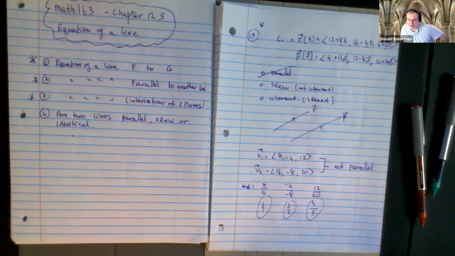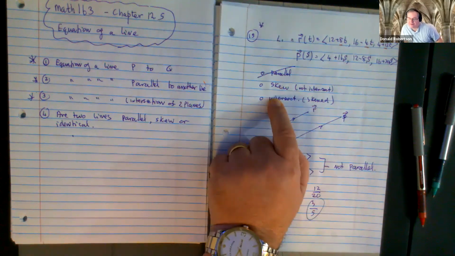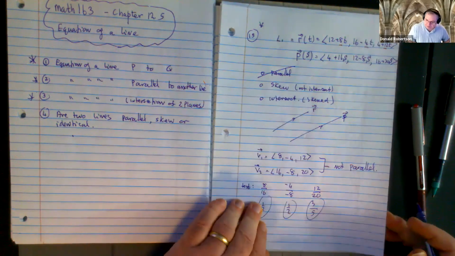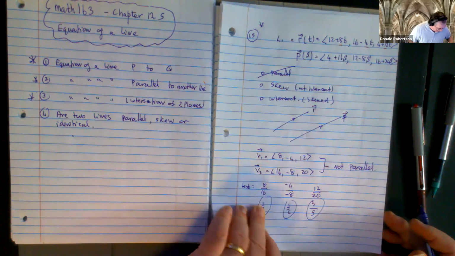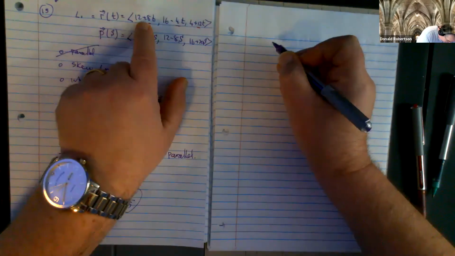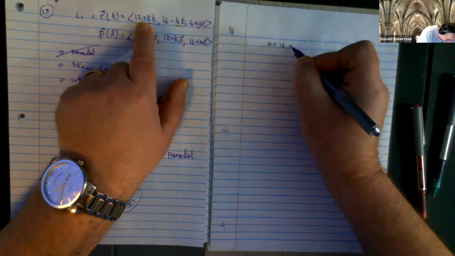Now I have to decide, is it intersecting or not? If I can show that it intersects, I'll pick this answer. And if I can prove that they don't intersect, then I'll use this answer. So far, so good. If I write down the x component of this line, it's 12 plus 8t.